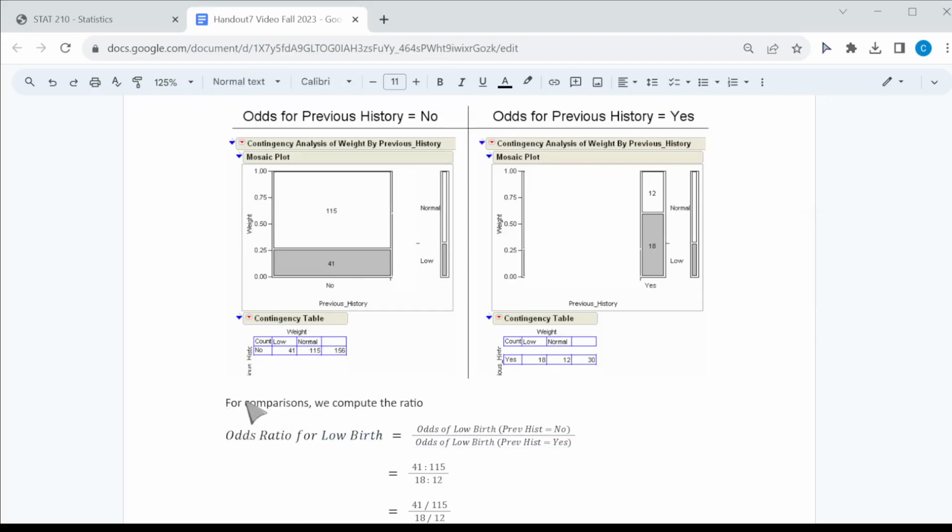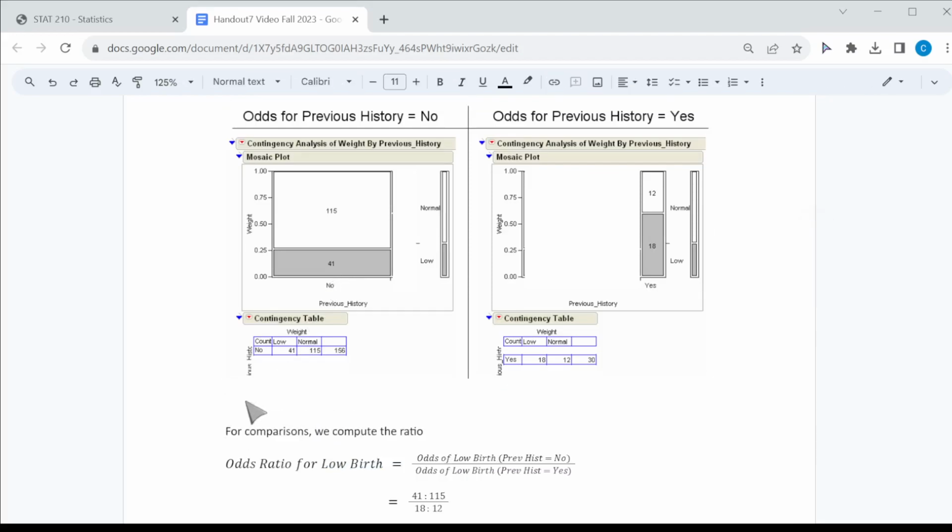The odds of low birth for no previous history, we're going to write that as 41:115, because we're saying odds of low birth, that's going to go first there.